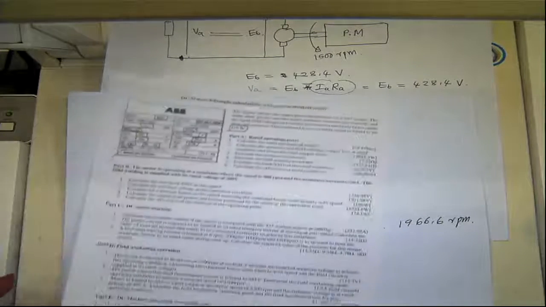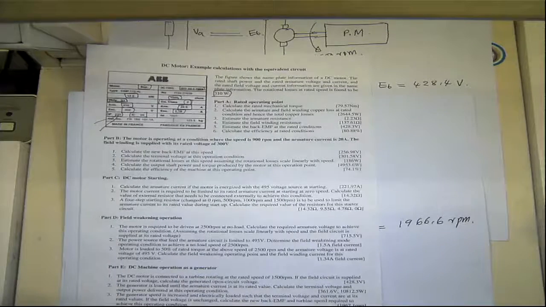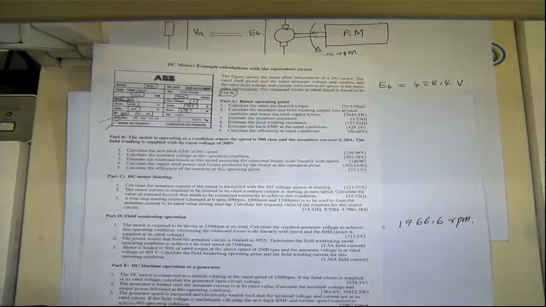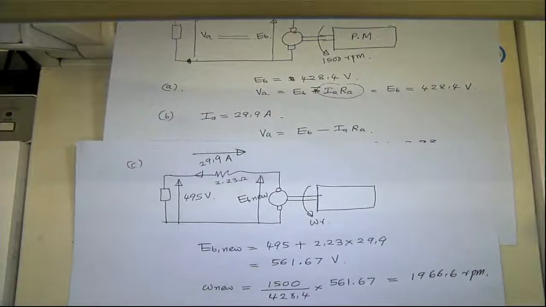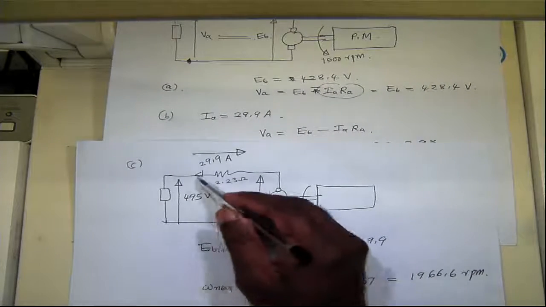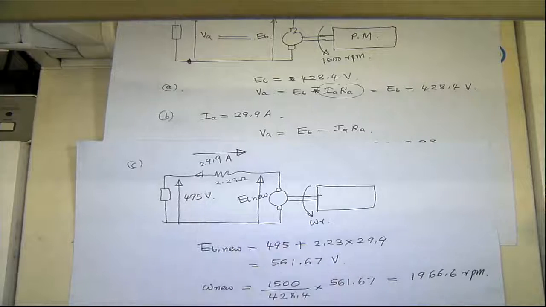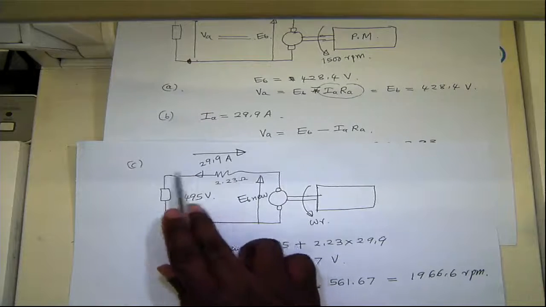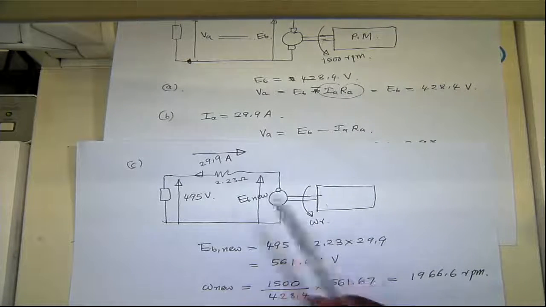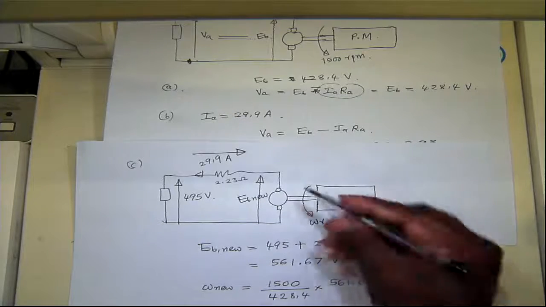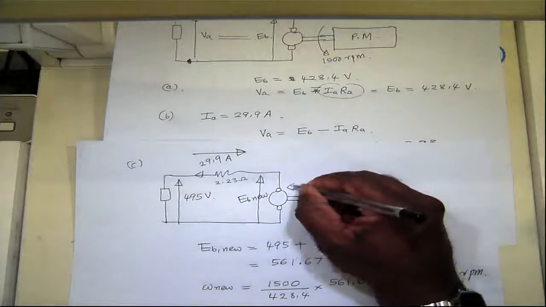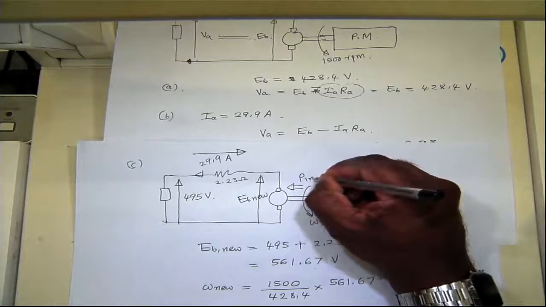So fourth part of that, calculate the efficiency for the above operating condition in 3. So now it's working as a generator. So this is the output power. So 495 times 29.9. That's the output power, and the input power includes the power you put in from this shaft.